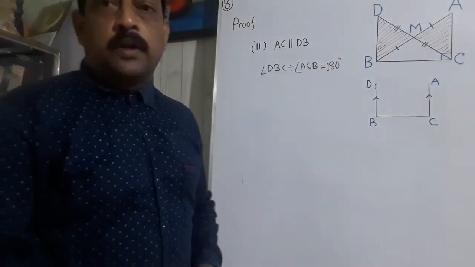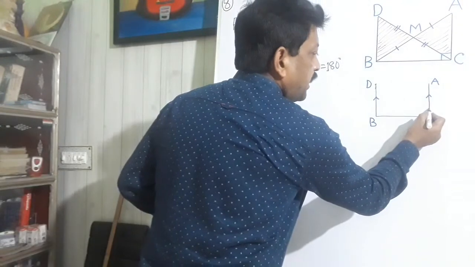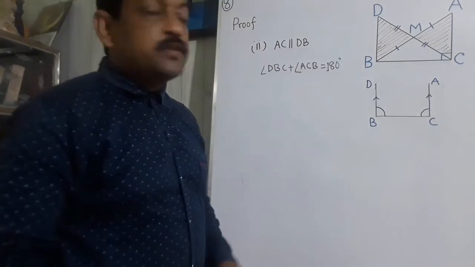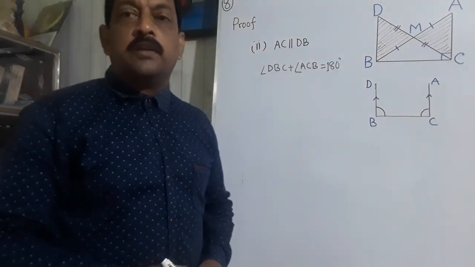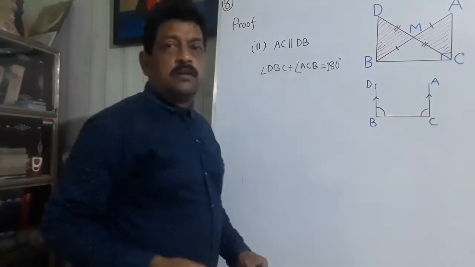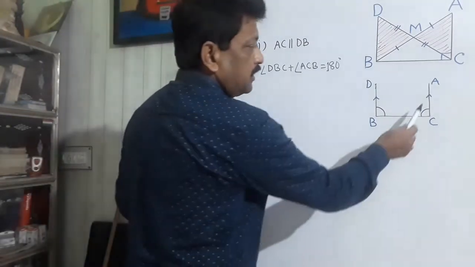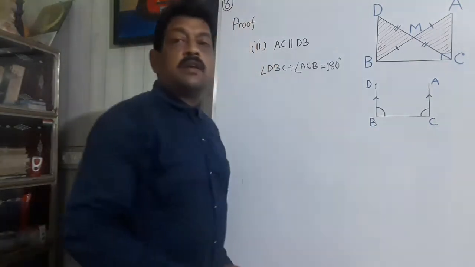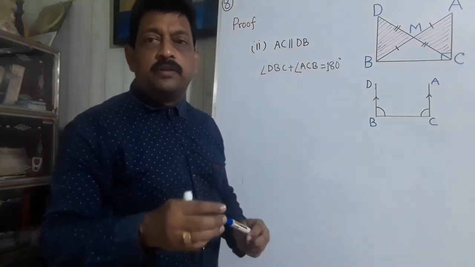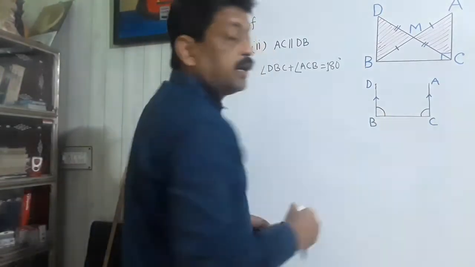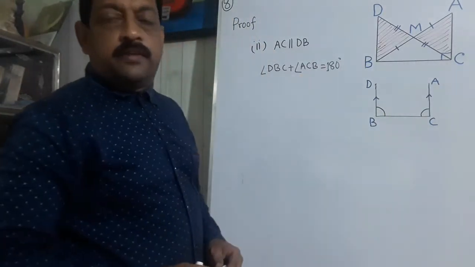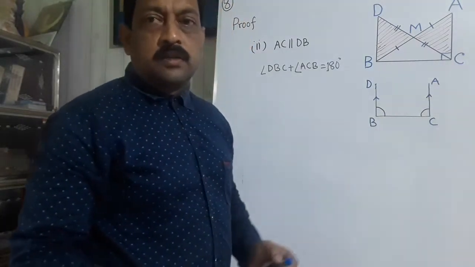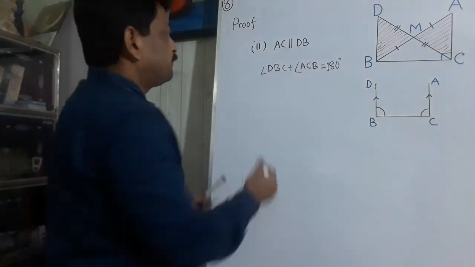We all know that if the sum of consecutive interior angle becomes 180 degree, then the lines become parallel. Conversely, if the lines are parallel, then the sum of consecutive interior angle, written as co-interior angle in short, is 180 degree. That is what I have written. The lines are proved parallel, so the sum of co-interior angles becomes 180 degree.